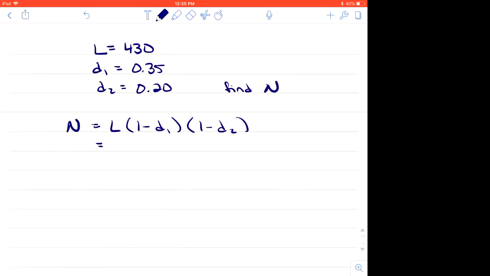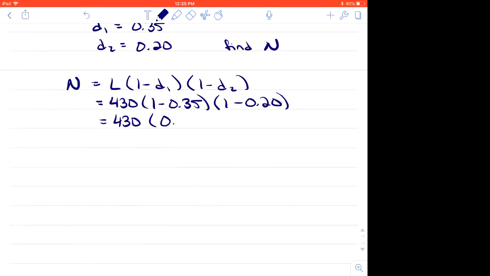So we can plug in our values and solve. 430 times 1 minus 0.35 times 1 minus 0.20 is 430 times 0.65 times 0.80. I get 223.60. Nice. On to the next one.